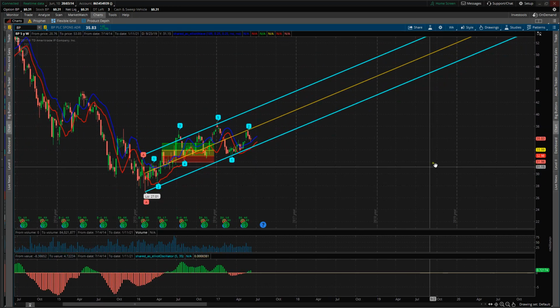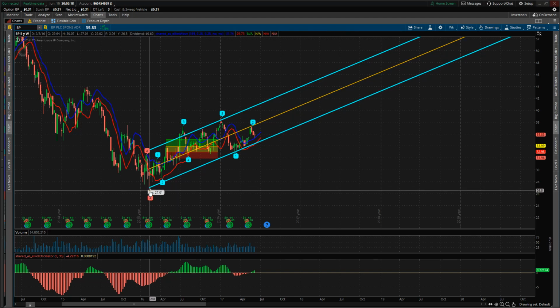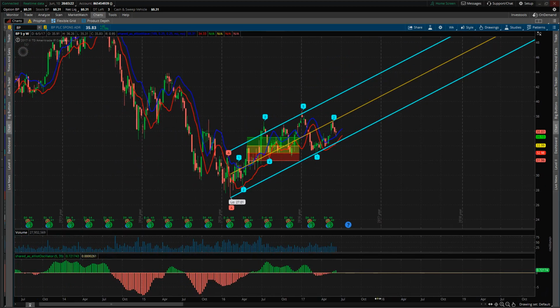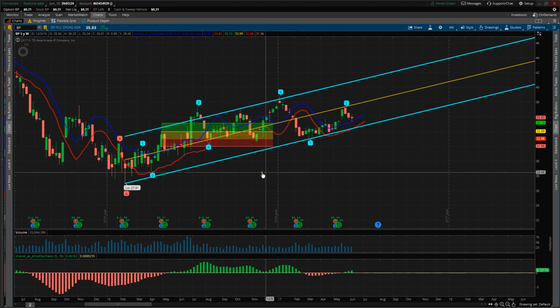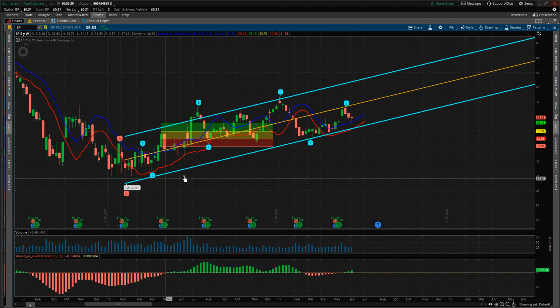So as you can see on the weekly, we've had a low. This is a weekly chart, so this is a big low for it. Since that point, on the weekly, we've got a good channel. Okay, we've got an origin here, we've hit it 2-3 times here, so that's our bottom trend line.